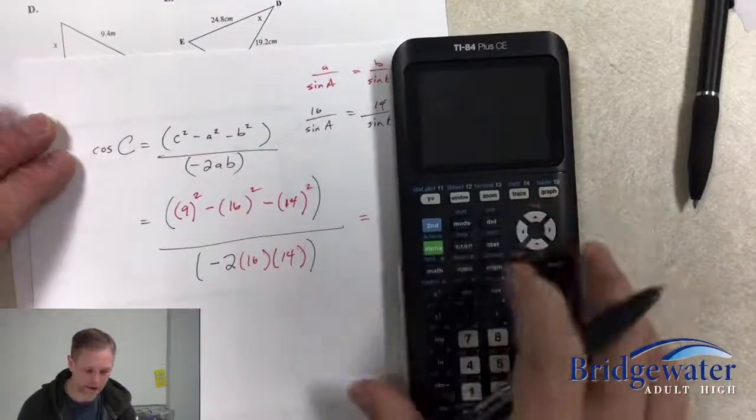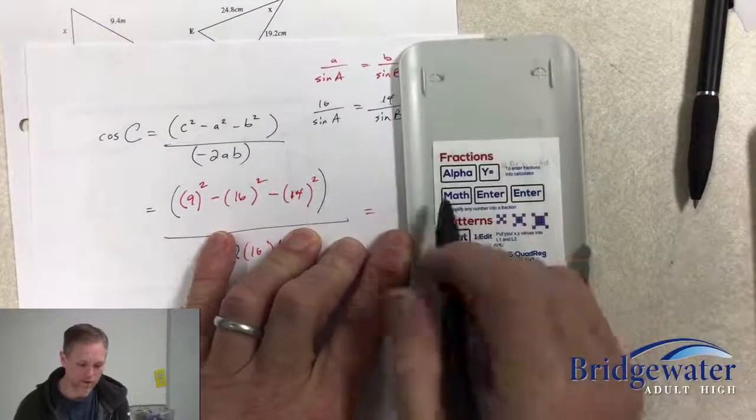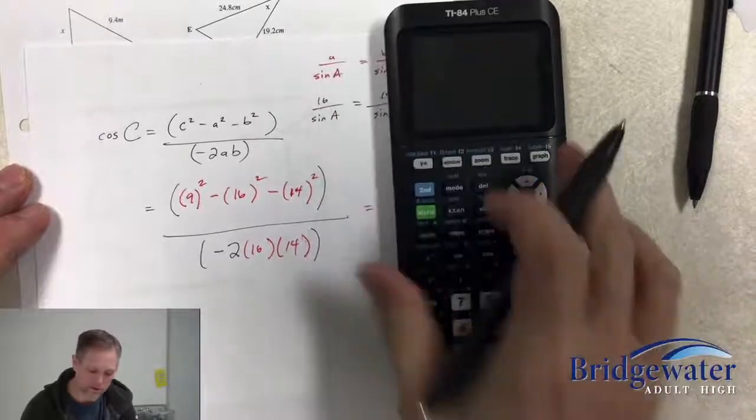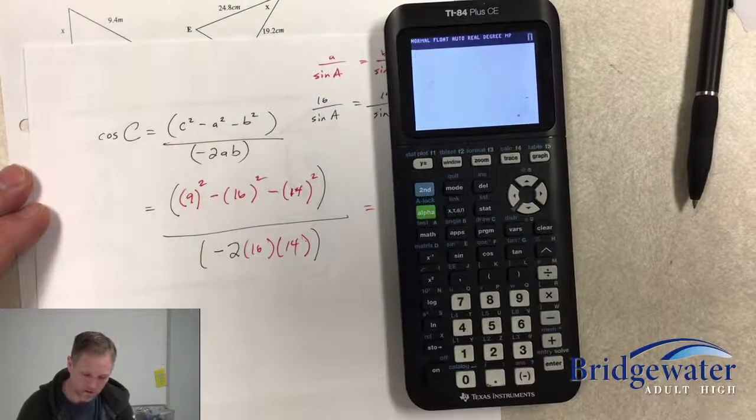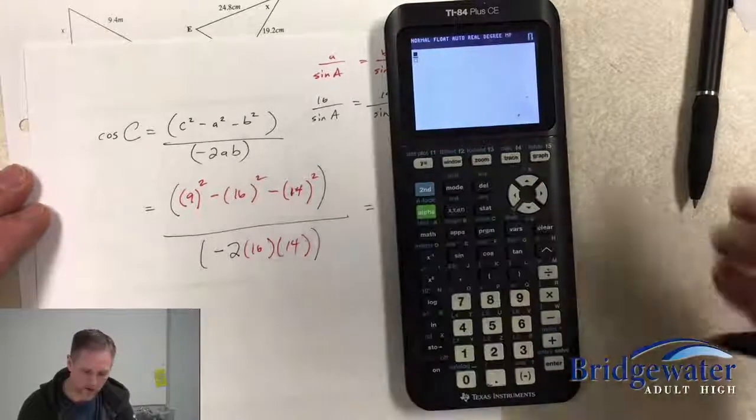So how do you do it on the calculator? We haven't used these calculators for a while, so it's a fraction. We're going to use alpha y equals, clear, alpha y equals, enter. Top with top, bottom with bottom.